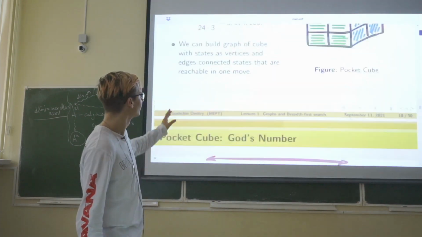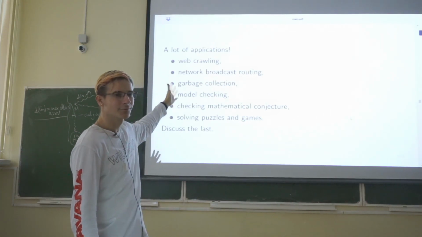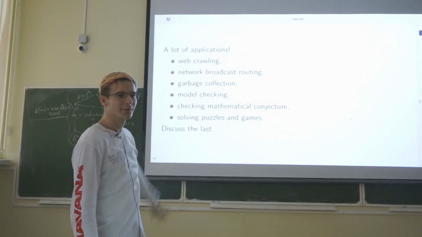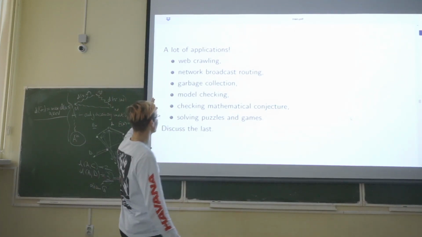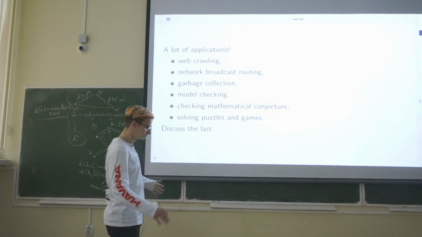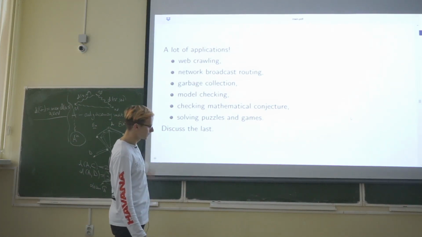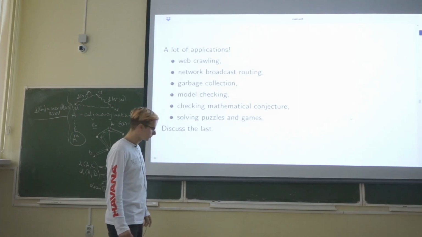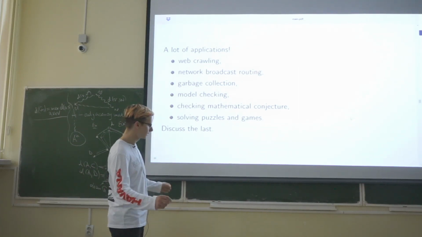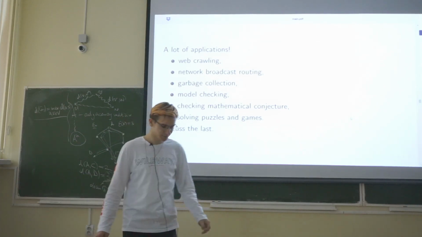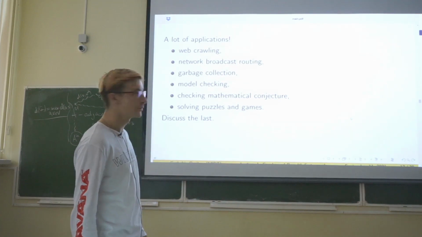For example, we have a lot of companies that have maps, and companies that have computers and need algorithms that find distances between vertices in the best way and very quickly, of course.